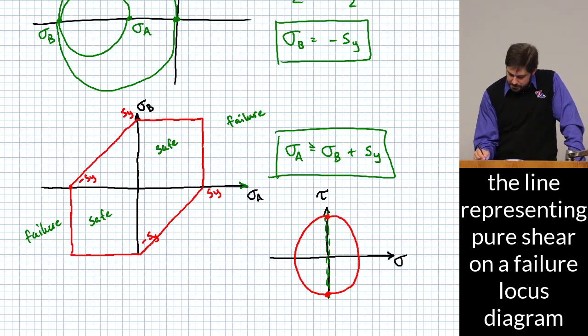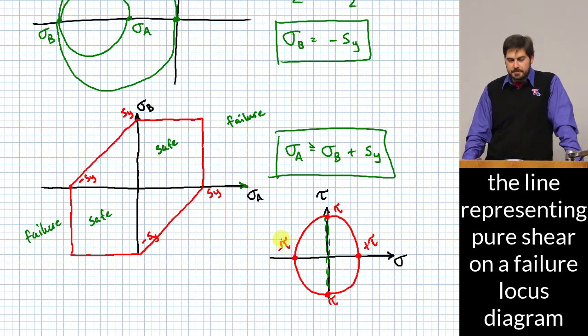Where would the principal stresses be? Let's just say that this is a state of stress tau. Well, you'd have plus and minus tau, right? Those would be the principal stresses.